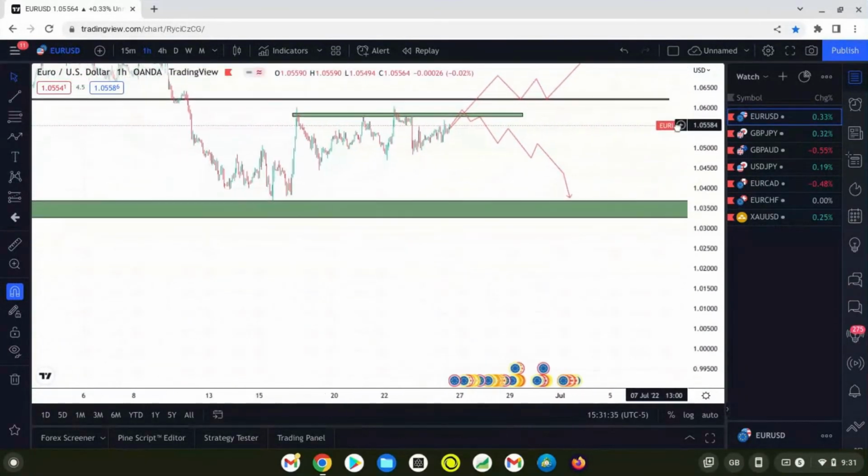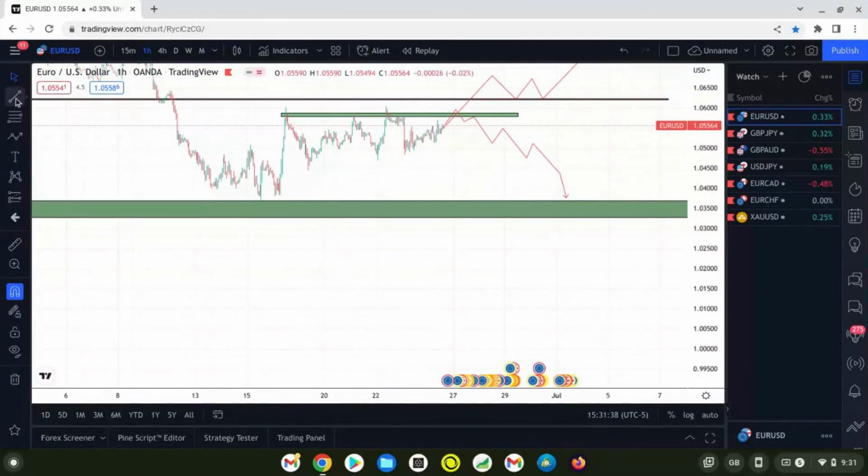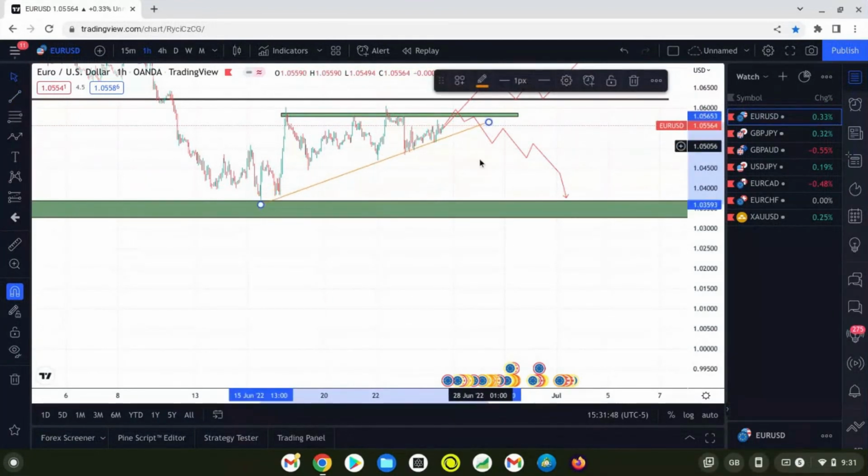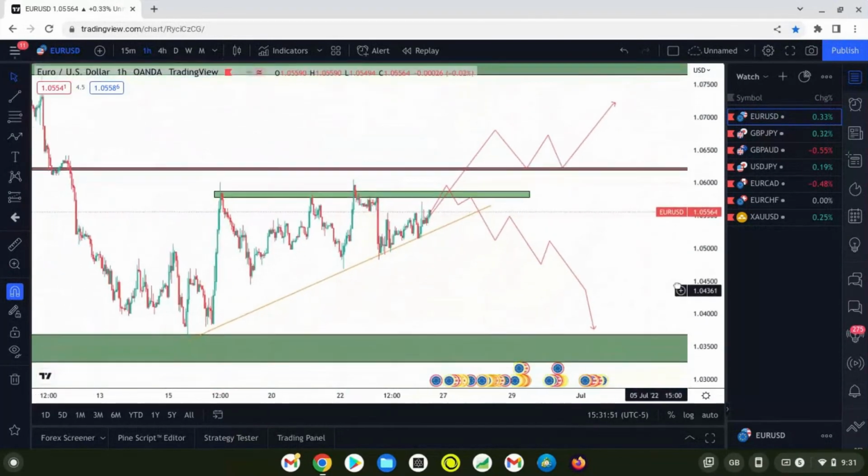Also, I can even quickly pop in a trend line here. You can see how this lines up, and price is almost getting to a point where a decision has to happen.